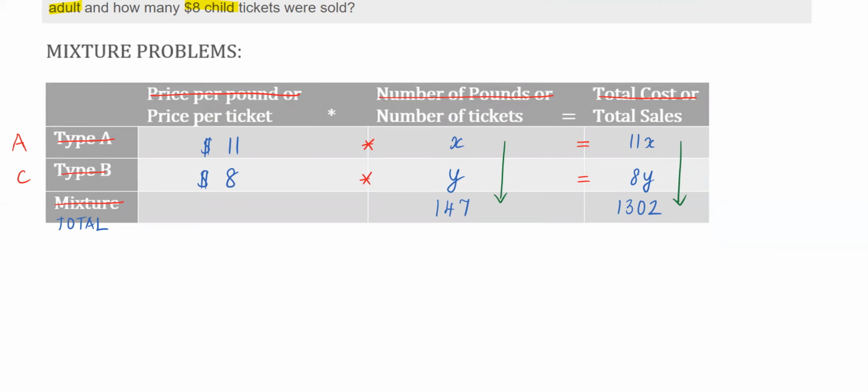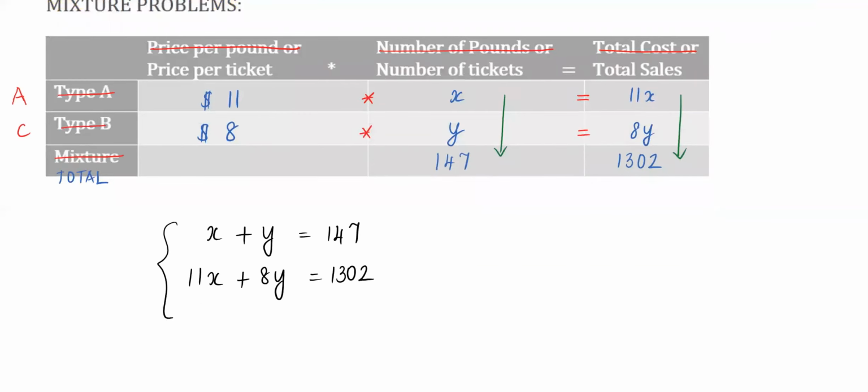Total sales of adult tickets plus the total sales of child tickets gives you the total receipts. So we have x plus y equals 147. Then you have 11x plus 8y equals 1302. We got a system obtained from the table.